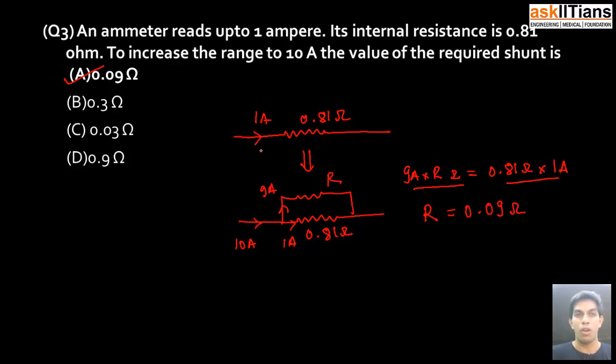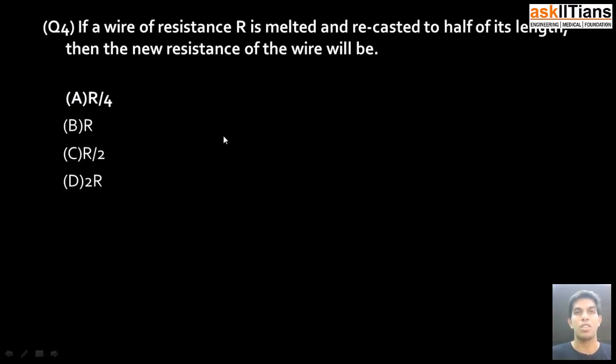So let's move on to the fourth question. Fourth question says, if a wire of resistance R is melted and recasted to half of its length, then the new resistance of the wire will be. These kind of problem deals with finding out the dimension of the recasted wire.